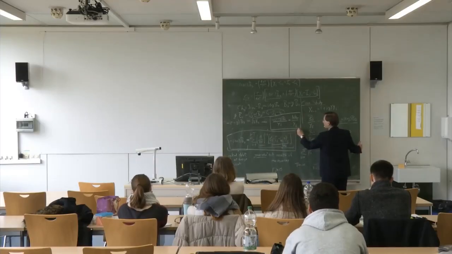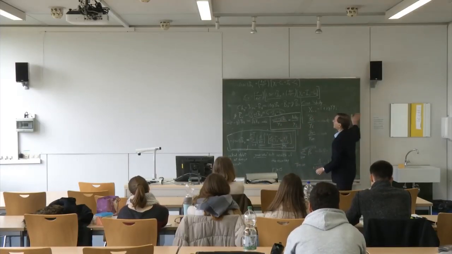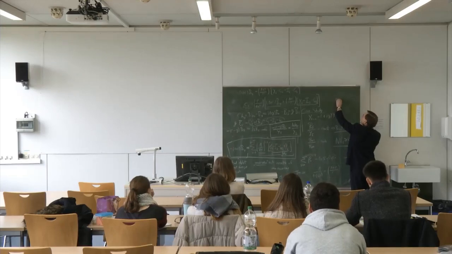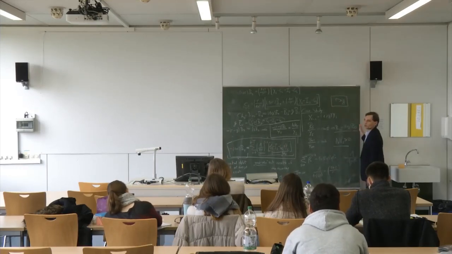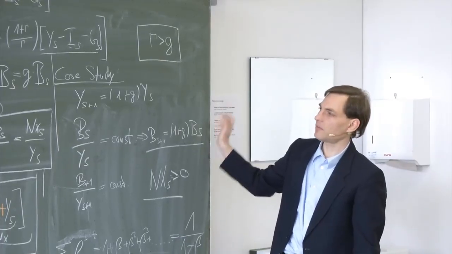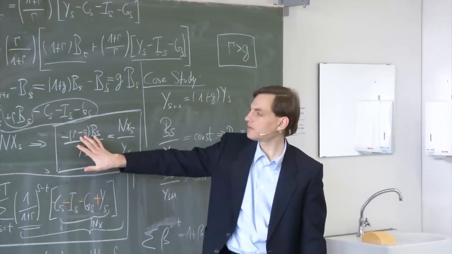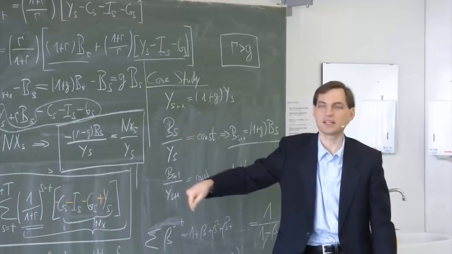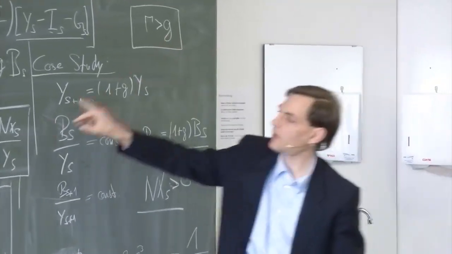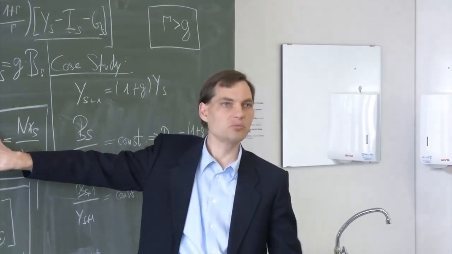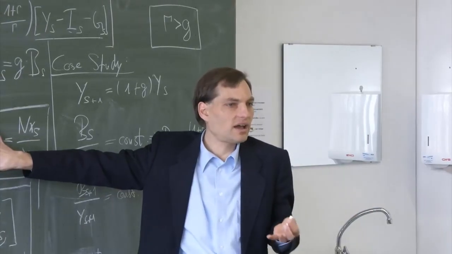And by the way, there's also an assumption here, and the assumption is that R, the real interest rate, is greater than the GDP growth rate. Only this makes sense, because if we assume that the real interest rate is less than the growth rate, then a debt stock moves into something I'm holding, right?